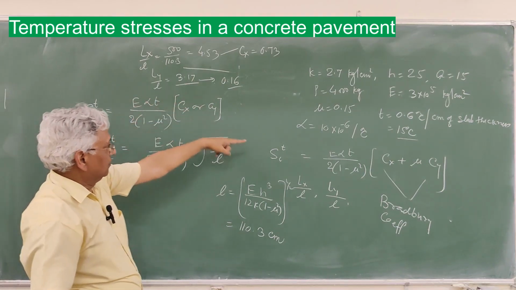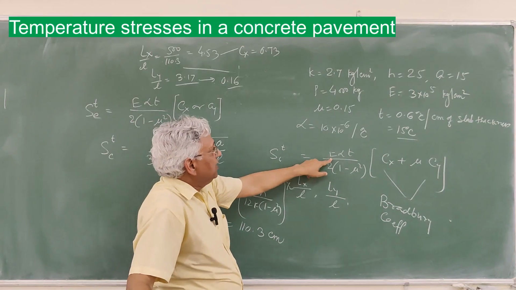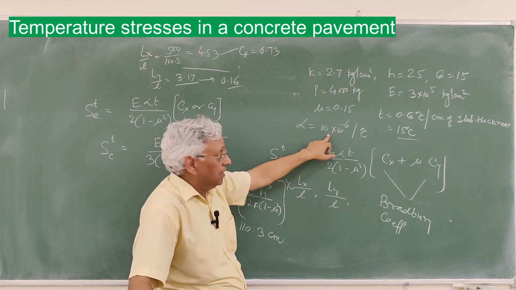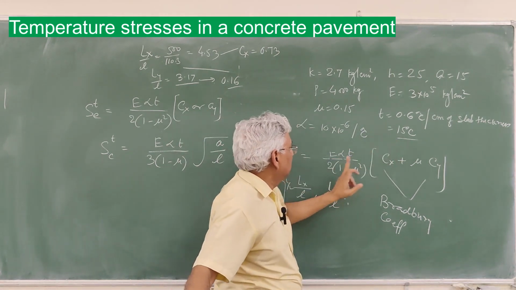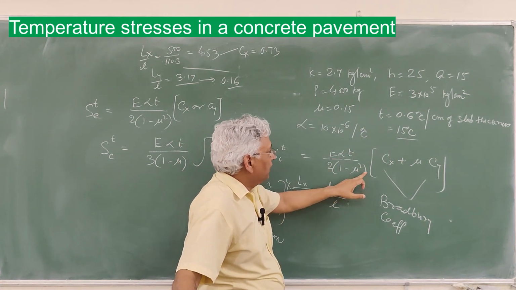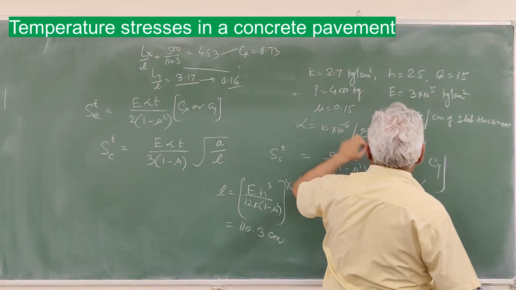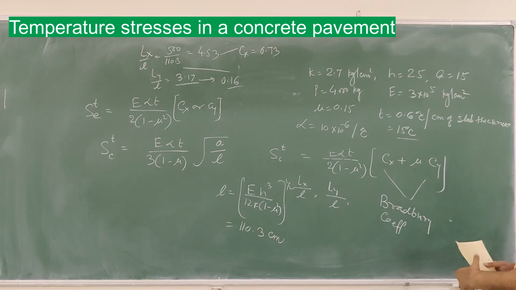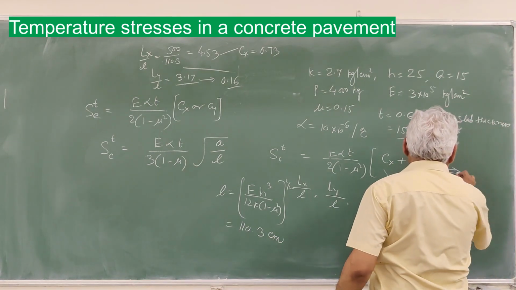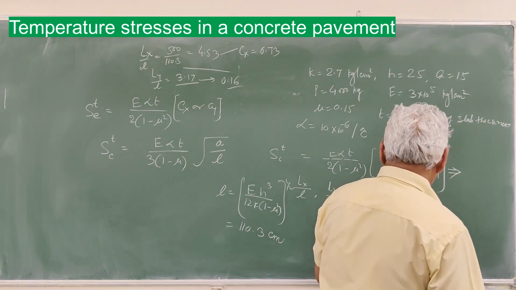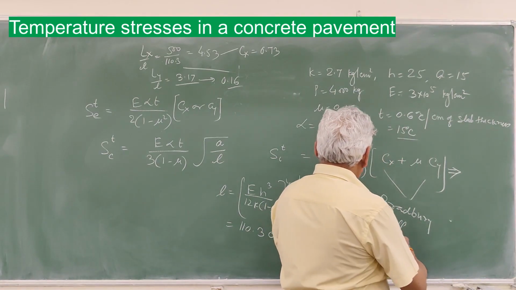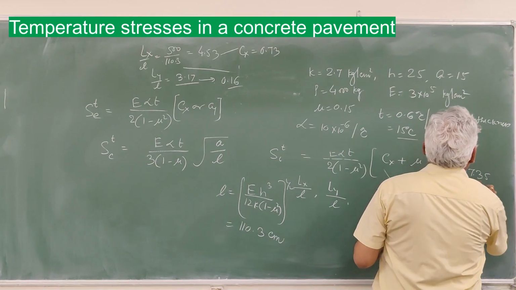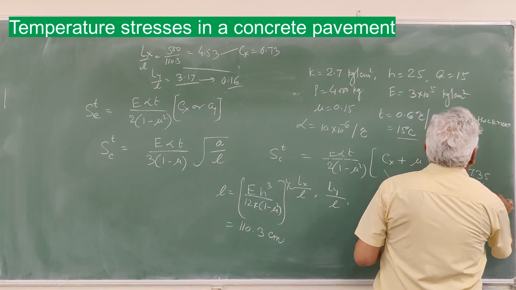Put all these values in this equation: E 3 into 10 power 5, alpha 10 into 10 power minus 6, T 15, 1 minus mu square with mu 0.15, Cx is now 0.73, mu 0.15 and Cy 0.16. You get the stress in the interior region as 17.35 kg per centimeter square.